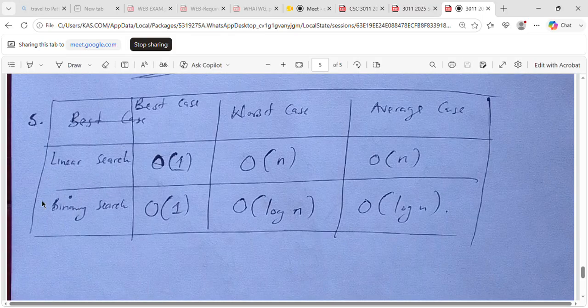Binary search, we are basically looking at at least 2, but always the first entrance is basically 1. So the likelihood of finding the node is always 1. That's the best case. We are using log n because this doesn't grow as much as linear search grows.